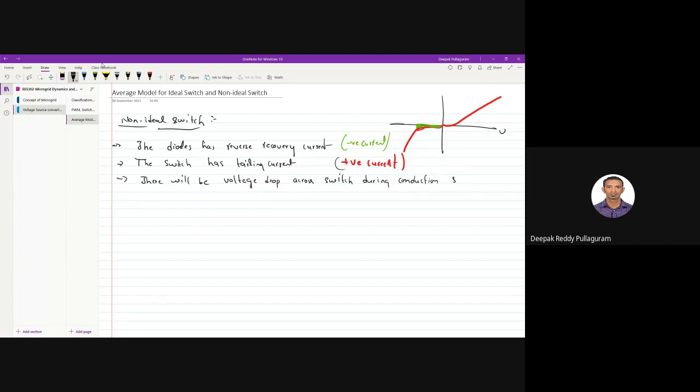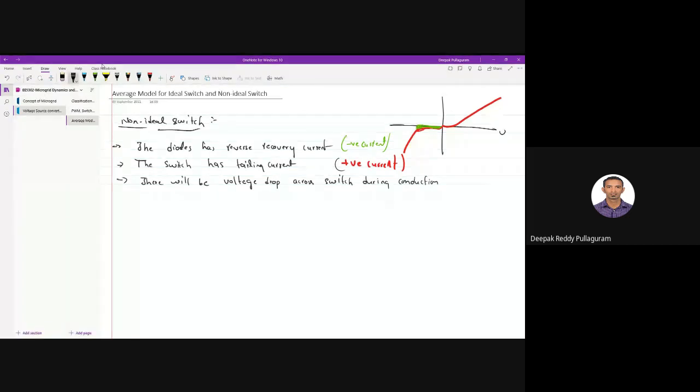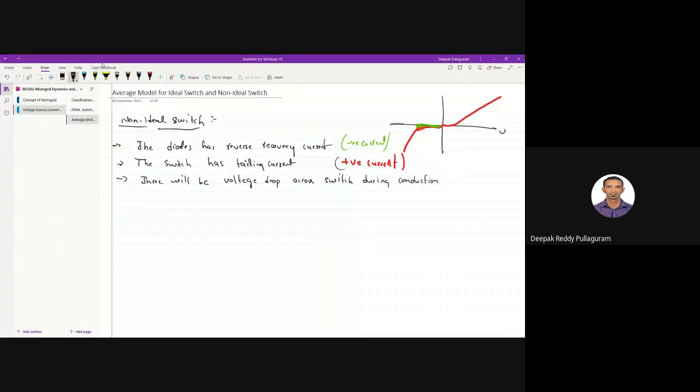During conduction it has some voltage drop, which we represent using some VT plus an on-resistance Ron. Ron is there to create the drop and also the switch loss. We represent this using a VT drop and Ron.